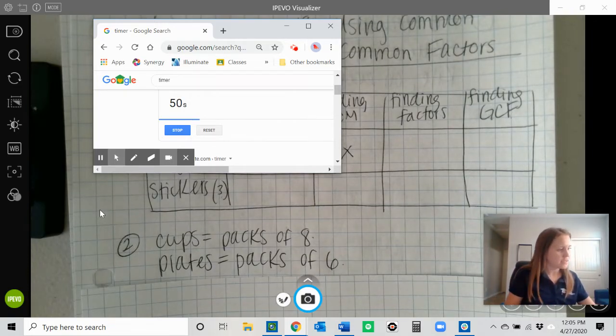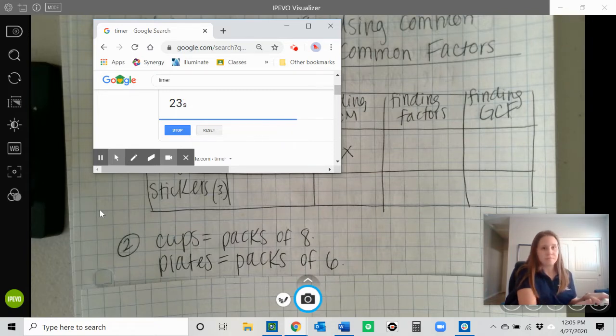Skip counting by 8s, skip counting by 6s. We're about halfway through our time.